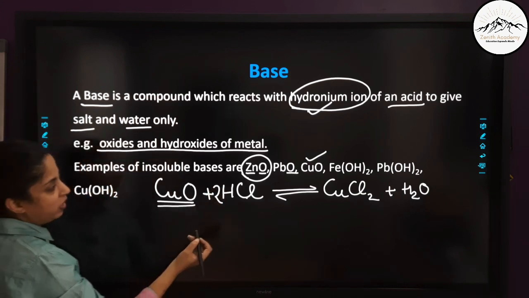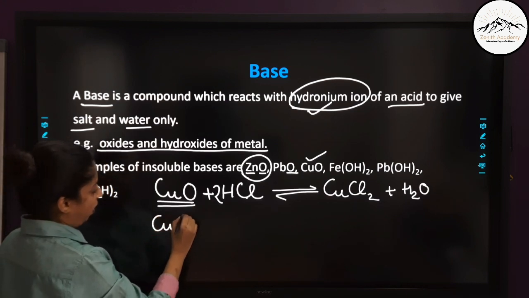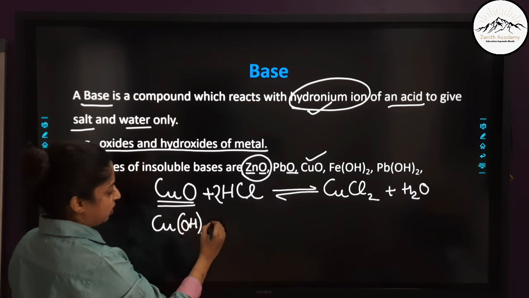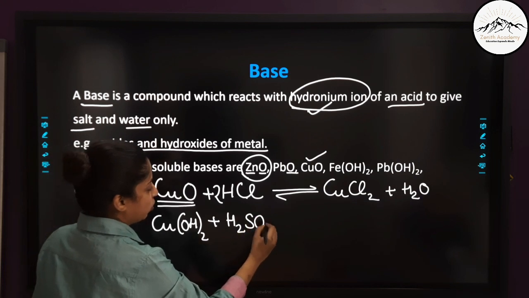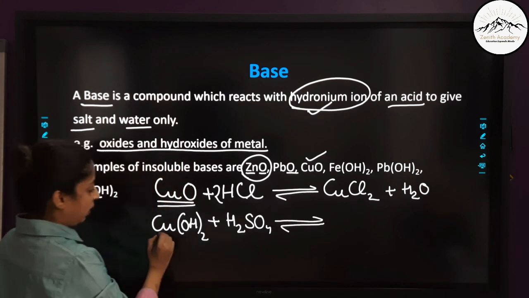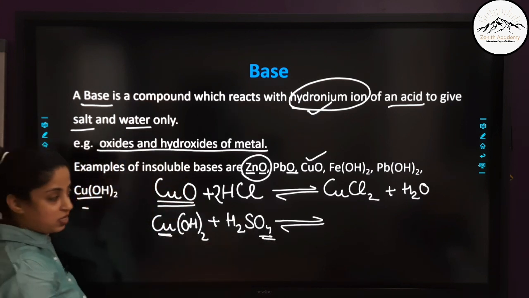Now we'll take copper hydroxide, this one. And we'll take another acid. So I'll take H2SO4 now. So it will again form salt and water. Now with salt, the cation is here and the anion is here. So you know it will form copper sulfate.